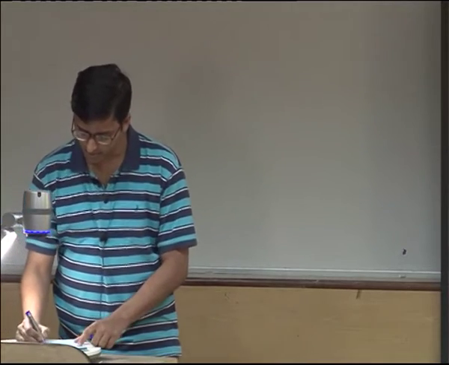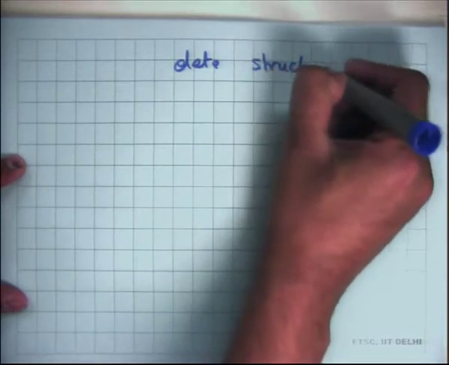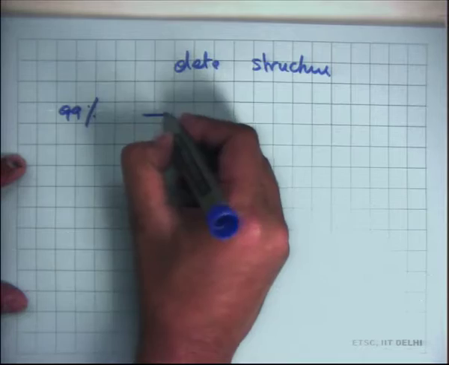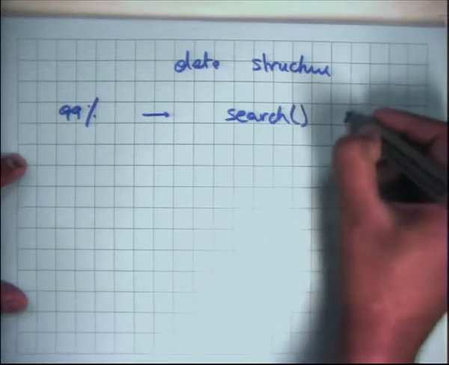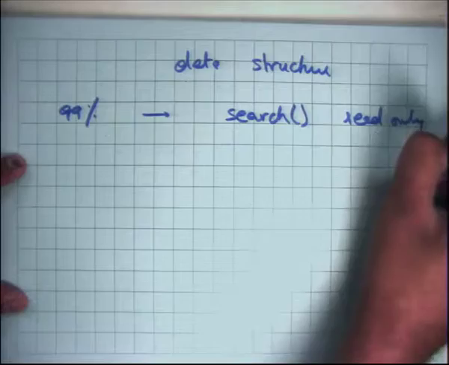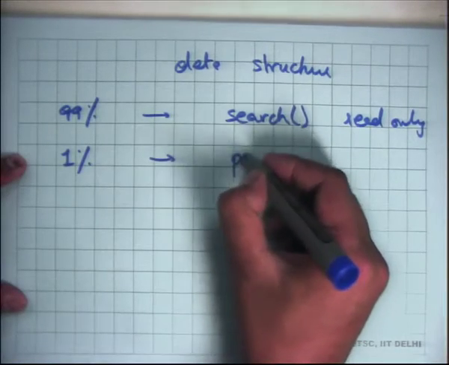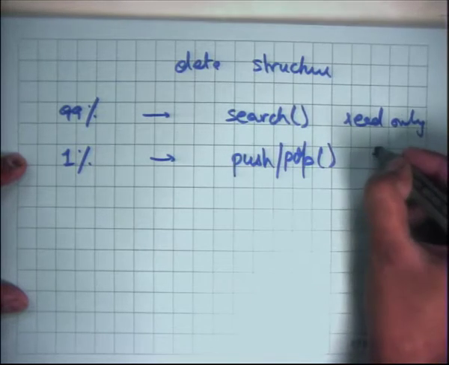Okay, so we said let's take a data structure, and let's say 99% of the time you are calling search on it, which is a read only access, and then 1% you're calling, let's say, push and pop, which is read write access.